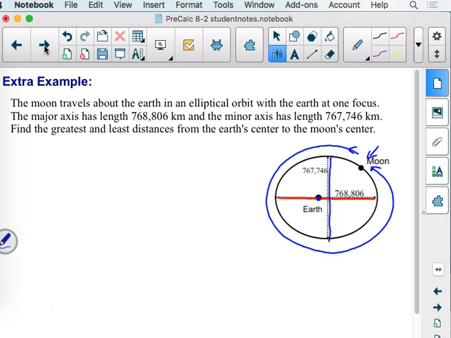Can you see it? That's where it's going to be the greatest distance from Earth. So I think, okay, well, I can find half of 768,806. I can get that. Let's see.